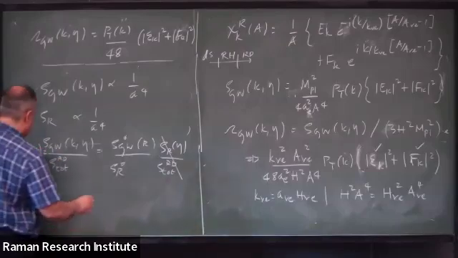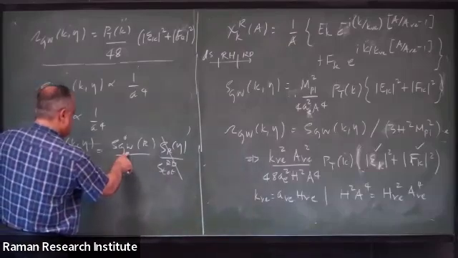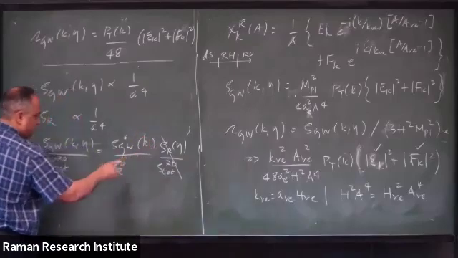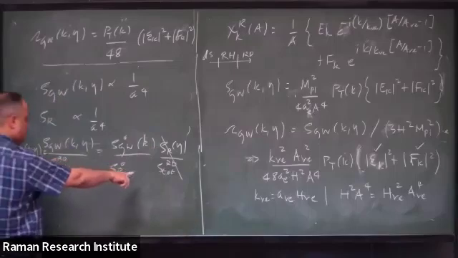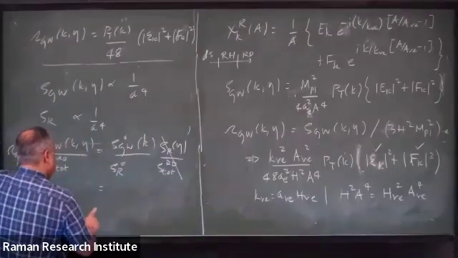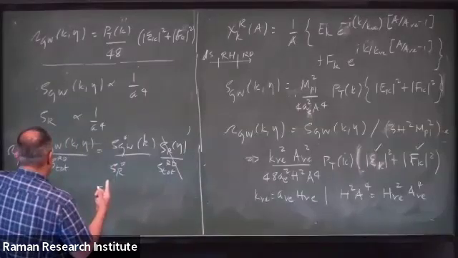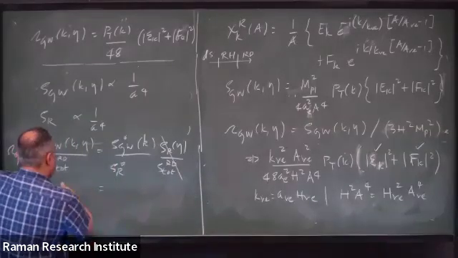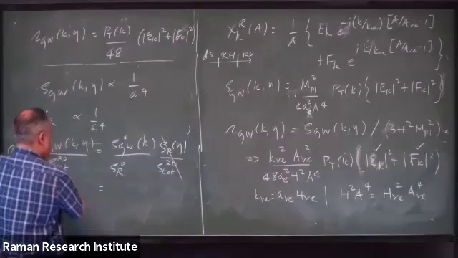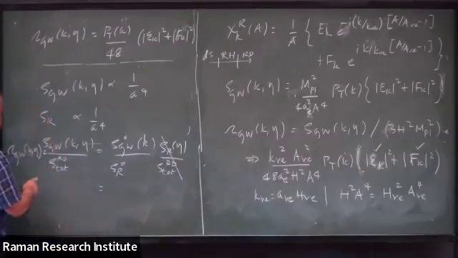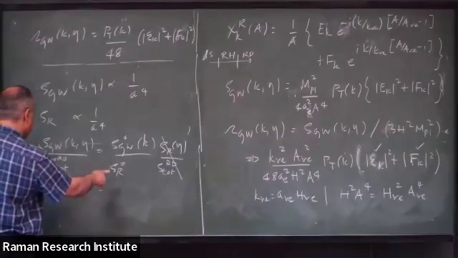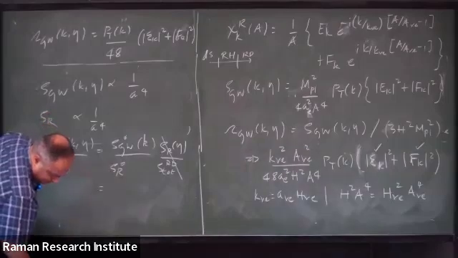I can write this as omega GW at K if I multiply by rho C naught. I'm sorry, there is something not quite right with rho total. If I divide this, I will get this result.